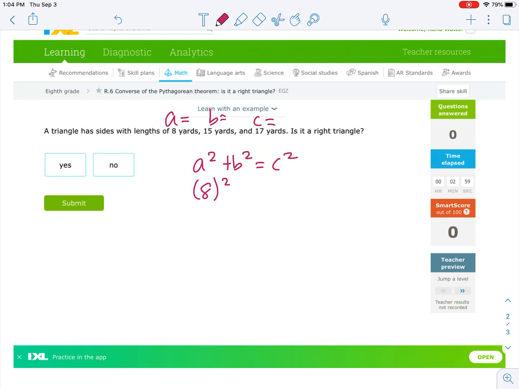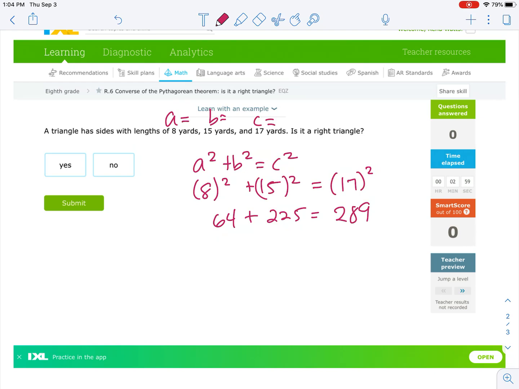So I'll go in, plugging in from here. 8 squared is 64. 15 squared is 225. 17 squared is 289. So we need to simplify the left-hand side again.